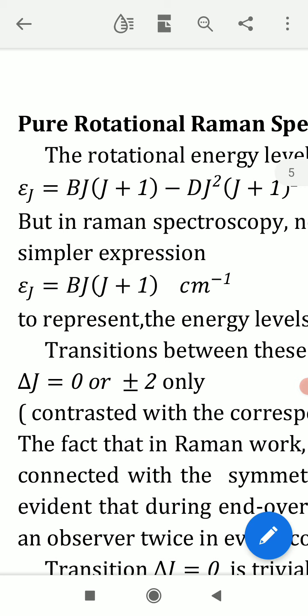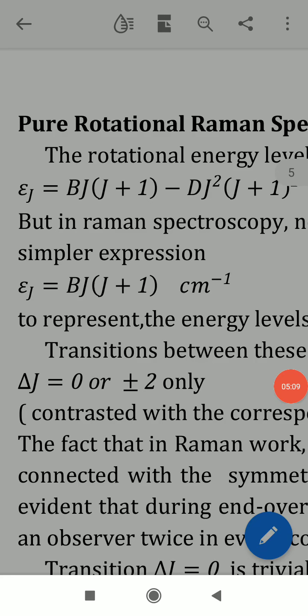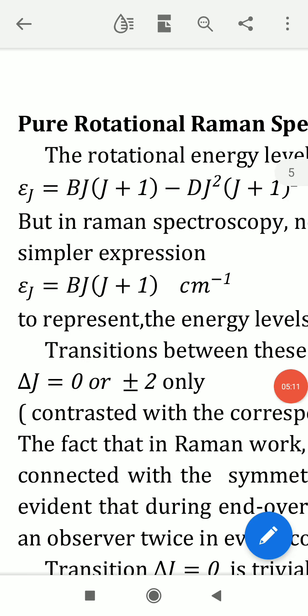So rotational energy is half I omega squared. If we multiply and divide by I, then it becomes I squared omega squared upon 2I, and I omega is angular momentum.